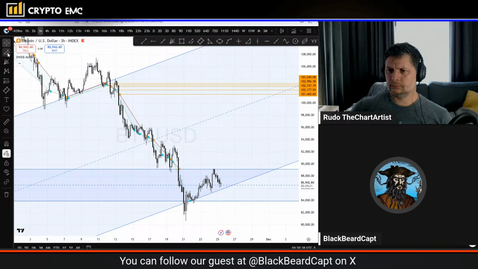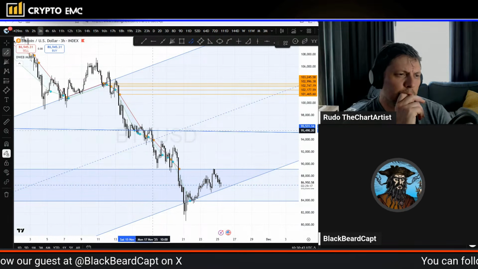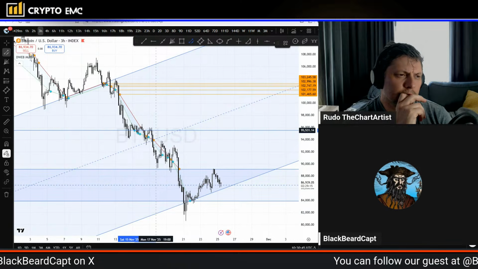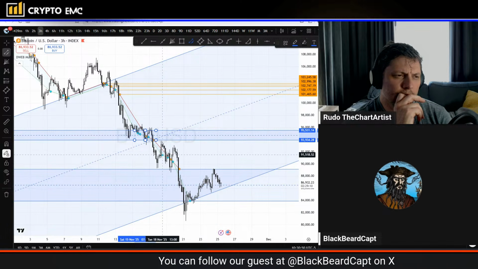So you could also just take this entire cluster and count it as its own zone if you want to. And here's a zone.